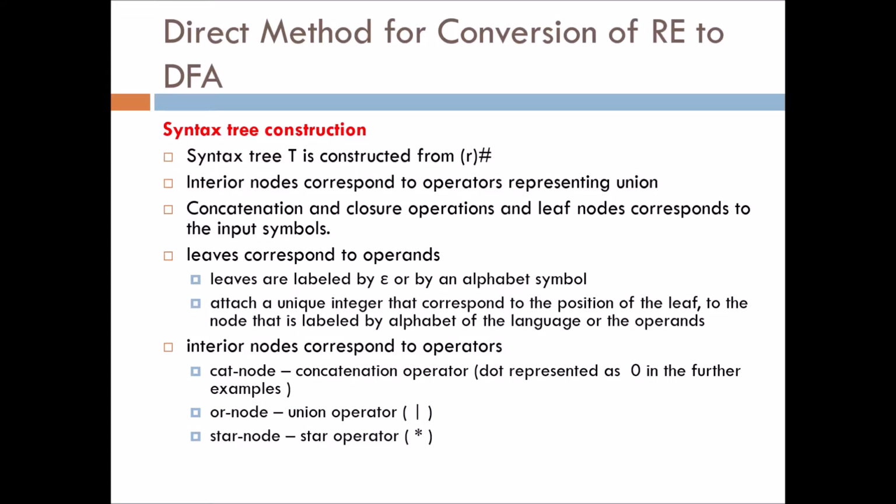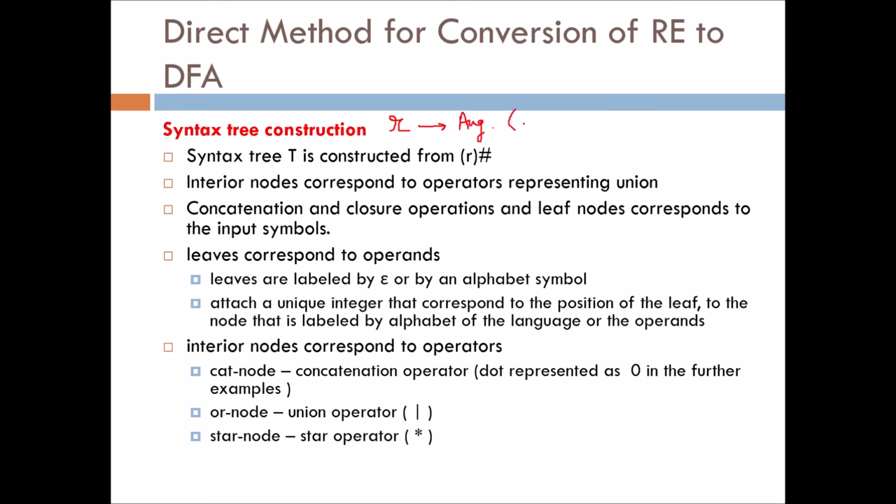So the first step of converting from regular expression to DFA is construction of a tree. To construct the tree, we will first convert the given regular expression to an augmented regular expression. If R is the given regular expression, we have to obtain an augmented regular expression.